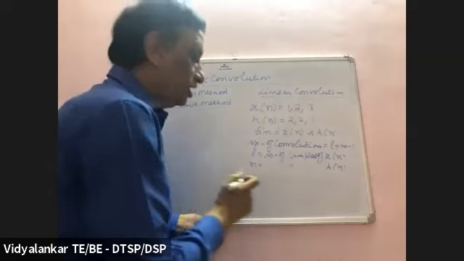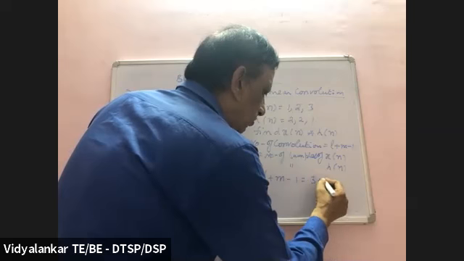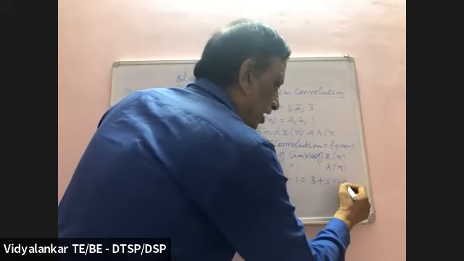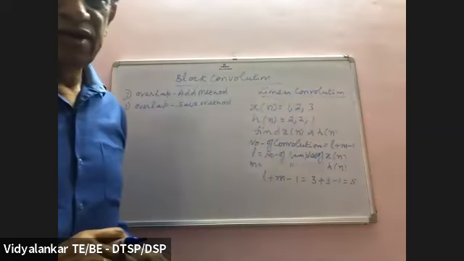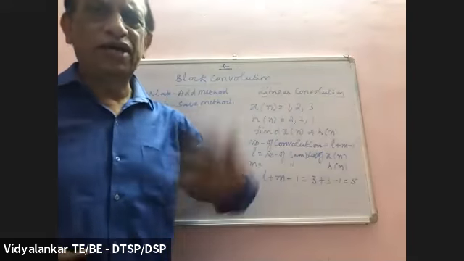Here both have 3. So 3 plus 3 minus 1 gives 5 outputs.